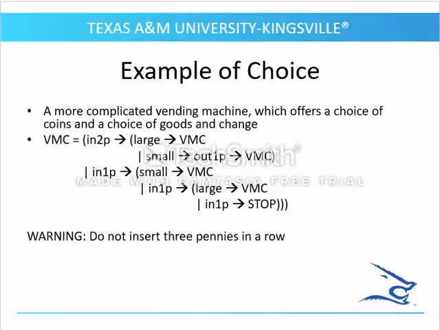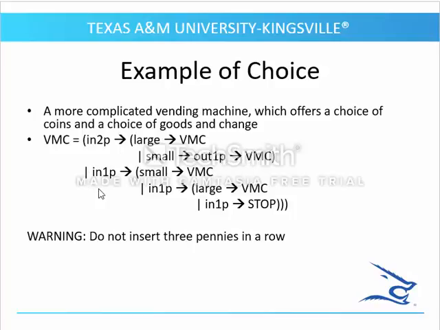Now let's take a look at a more complex example of a choice. A vending machine which offers a choice of coins and choice of goods and also the change. So here's the example. A vending machine complex which gets 2 pennies can offer a large coke or large goods. Then if the customer wants a small one, it needs to return 1 penny.